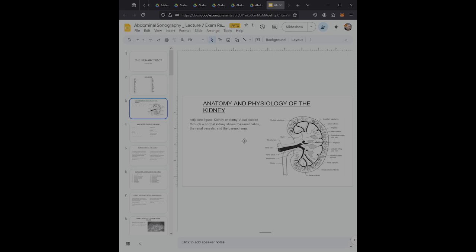From the renal hilum, blood subsequently enters segmental branches, then interlobar arteries, and finally it enters arcuate arteries. And arcuate arteries finally branch into interlobular arteries, and then they branch into afferent arterioles, which carry blood into the glomerulus for filtration.